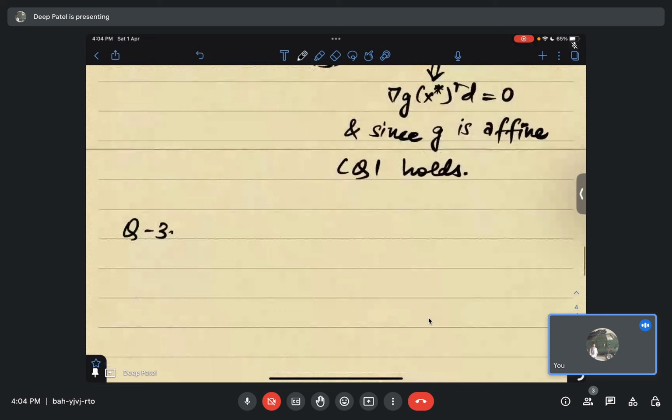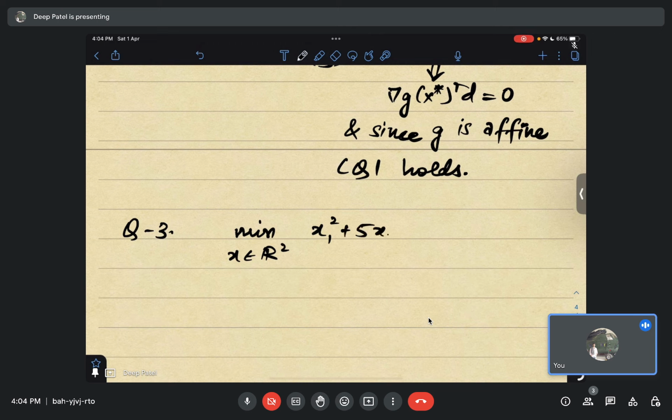Okay, moving on to question 3. Question 3 says that again we have a 2D optimization with a 2D variable: x1 squared plus 5x2 squared, such that 2x1 squared plus and so on; these are my constraints.